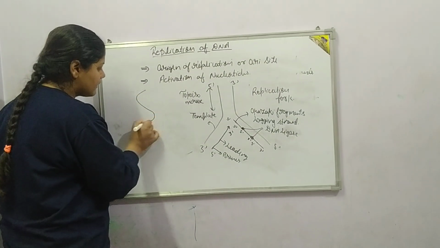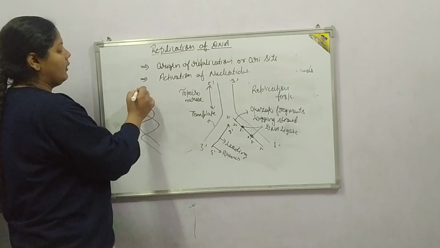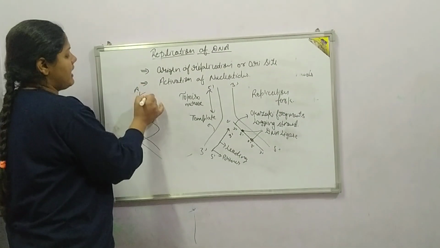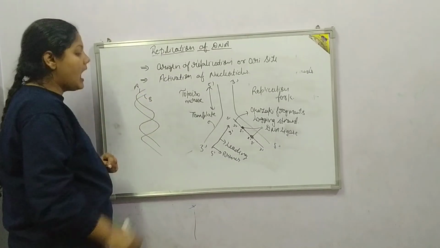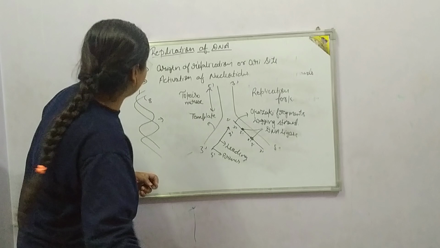Suppose this was the DNA, and I named the strands A and B. After replication, two DNA molecules will be formed.